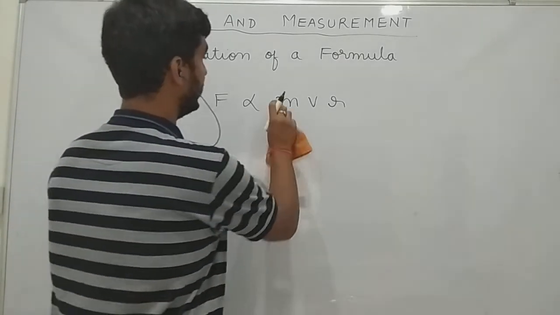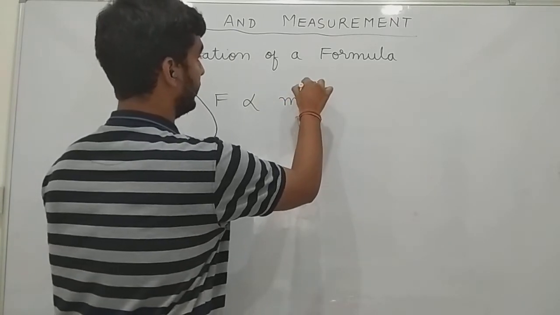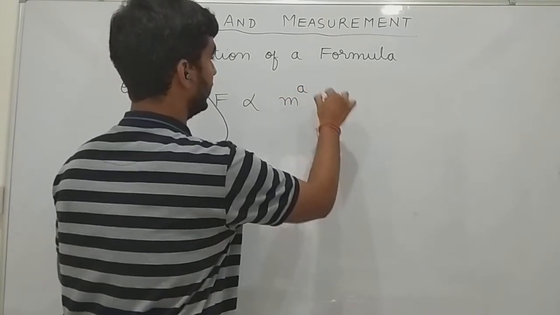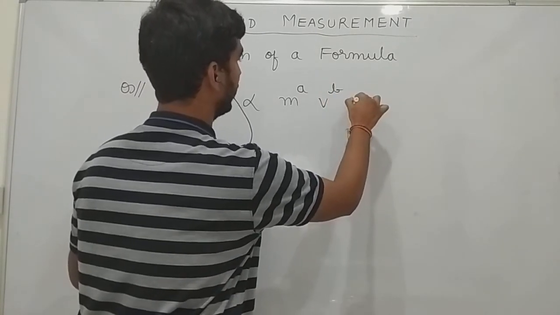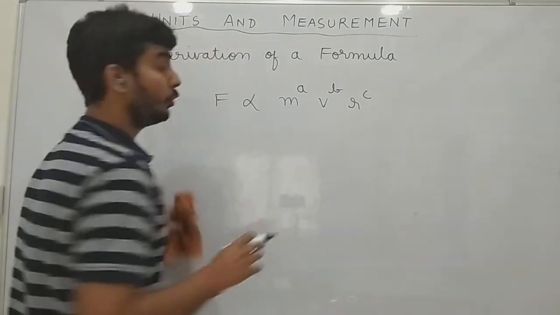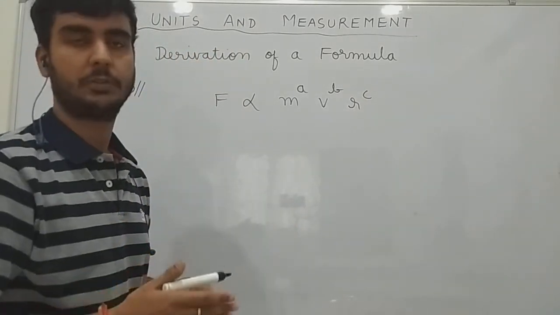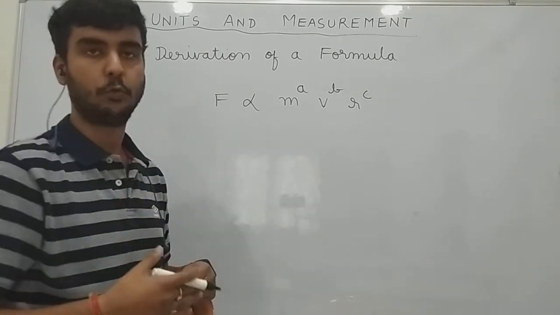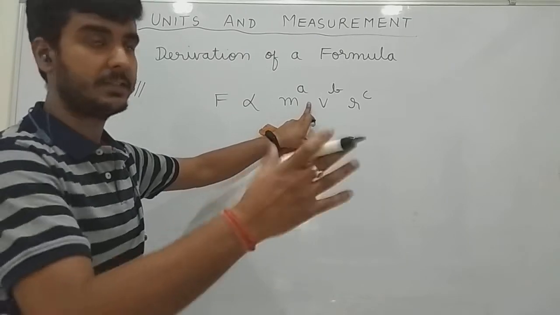So let me assume that the power of mass is A, the power of velocity is B, the power of radius is C. Means in order to find out whether it is inversely proportional, directly proportional, or having power square, cube, -2, -3, I have just assumed variables as their power.